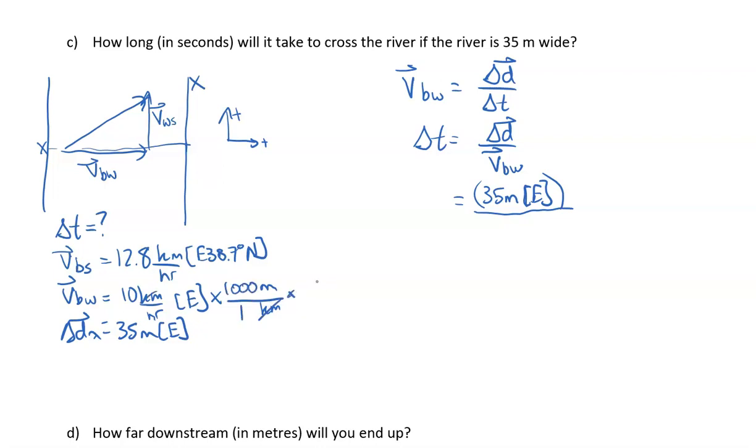And I also know that 1 hour, which I'm putting on the top to cancel it with this over here, is 3,600 seconds. So in fact, we're going to take 10, multiply it by 1,000, divide it by 3,600. We're really taking 10 divided by 3.6. And that's giving us 2.778 meters per second in the eastward direction. All right, now that we have meters per second, we can go ahead and sub that in. 2.778 meters per second east.